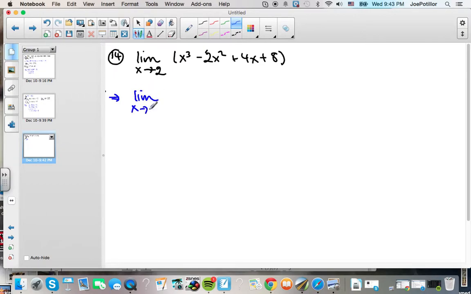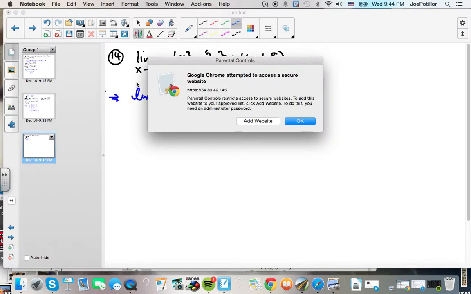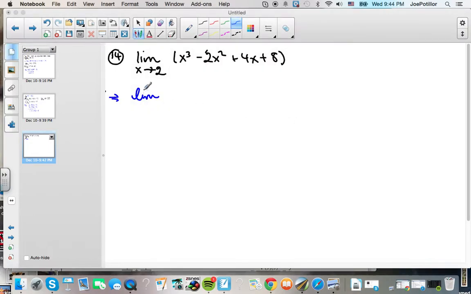The limit as x approaches negative 2 of x cubed minus twice the limit as x approaches negative 2 of x squared. Wow, my handwriting looks horrible there. Let's redo that. Okay.